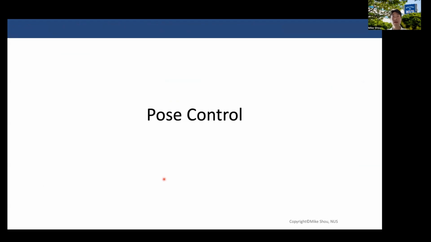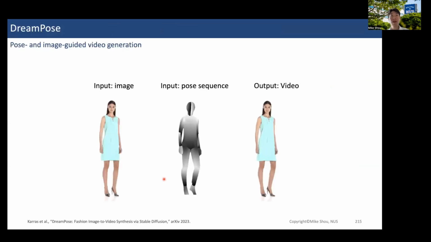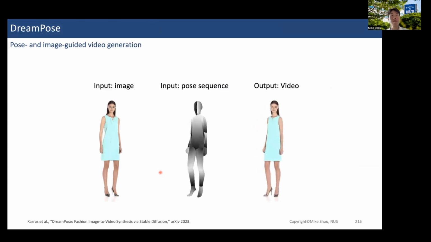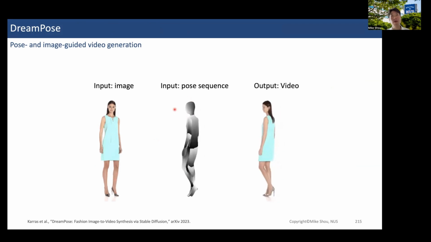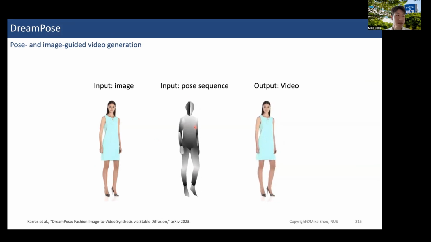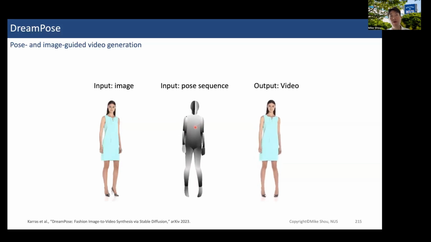So the next category I'd like to talk about is pose control, because there is very intense interest in controlling the video of a human. For video editing or video generation, human videos are always a very important topic. The task people focus on in this scenario is that you have an input image of somebody, and from the video to be edited, we extract its pose sequence.